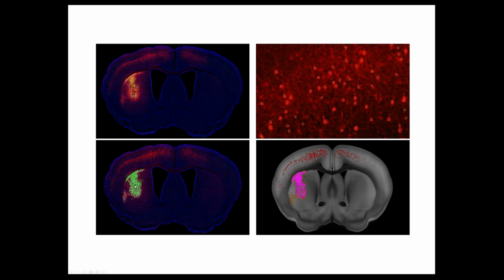And so this is the rabies injection. You can see the transsynaptically labeled cortical neurons. The NeuroInfo program then automatically uses cell detection methods to detect the cells in the cortex. You can see them distributed in the cortex, and also the injection site. And then the location of these cells is mapped into the Allen coordinate framework.